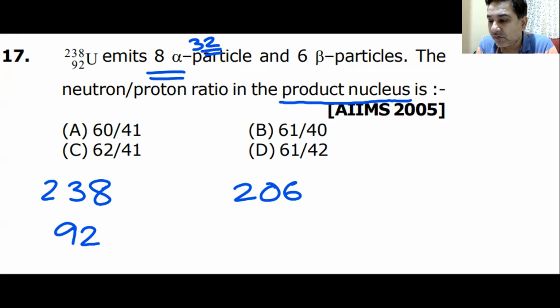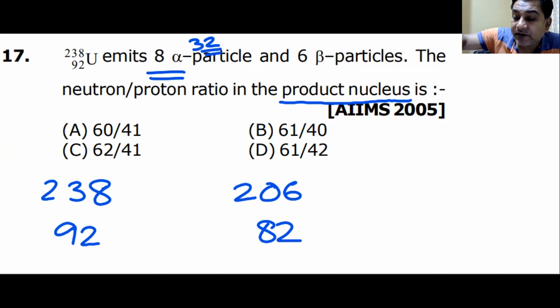So the new number would be 82. 206 is the mass number and 82 is the atomic number. Can I have some raise hand that we understand this from everyone?